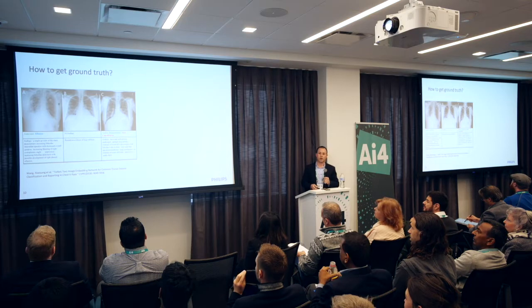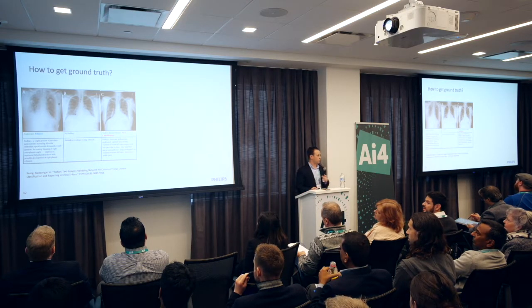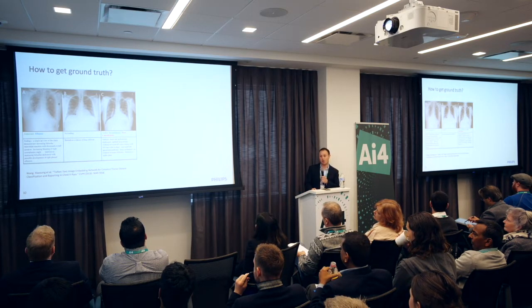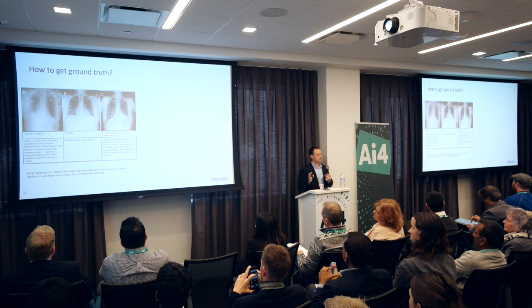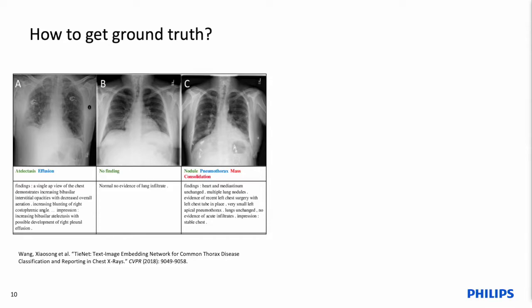So how can we go about getting the ground truth to train a supervised machine learning algorithm? One of the popular ways now is knowing that these images come with radiology reports, which were written during the time of diagnosis. We can use natural language processing to extract labels from those reports, so that we can have labels for the images.